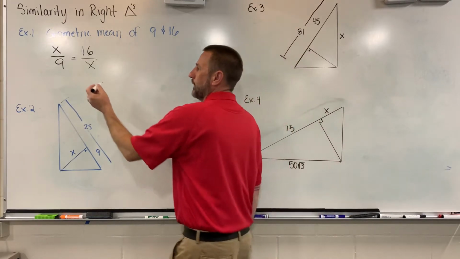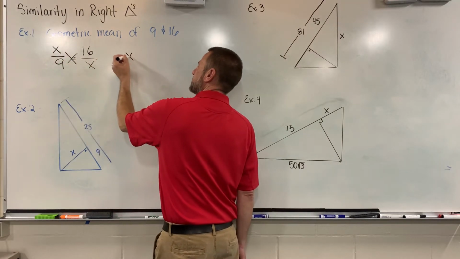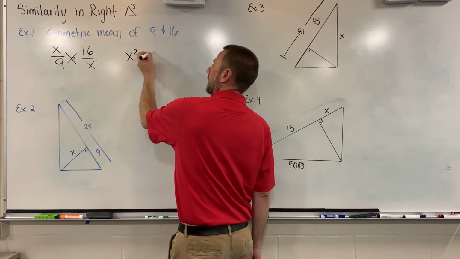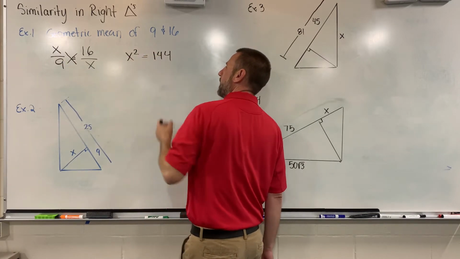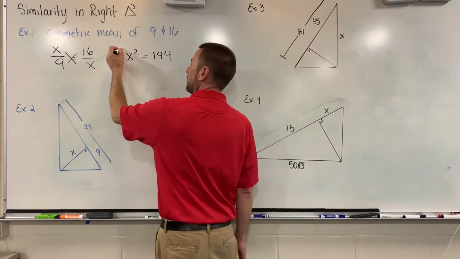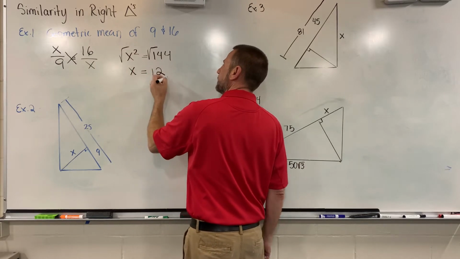When we cross multiply, we end up with x squared, because x times x equals 144. To solve this, we take the square root, and x is equal to 12.